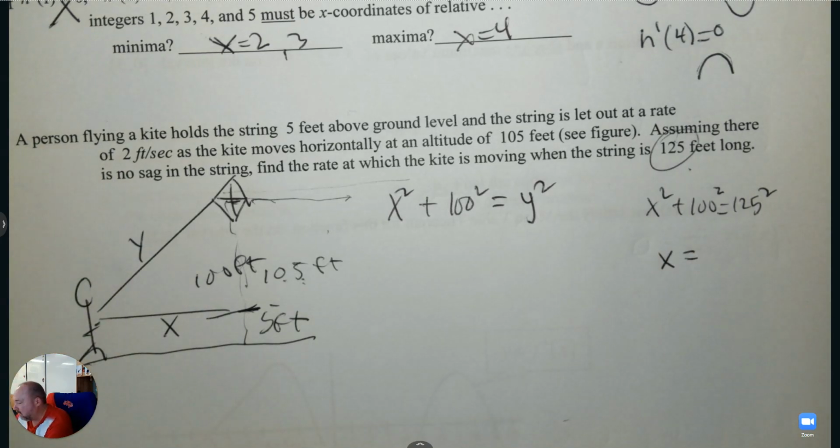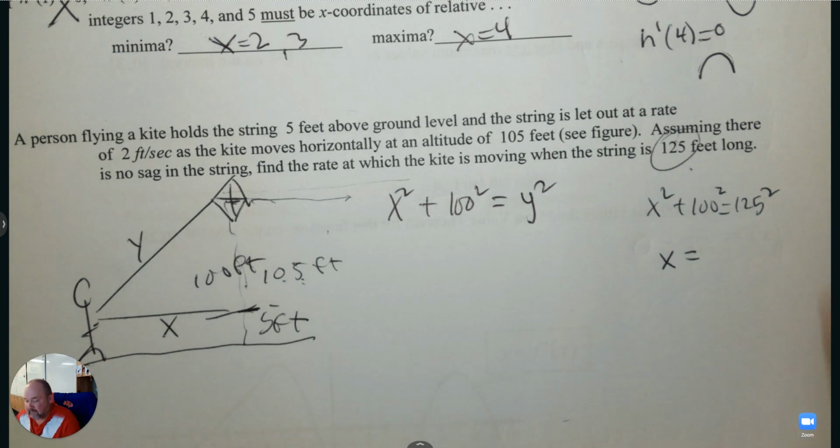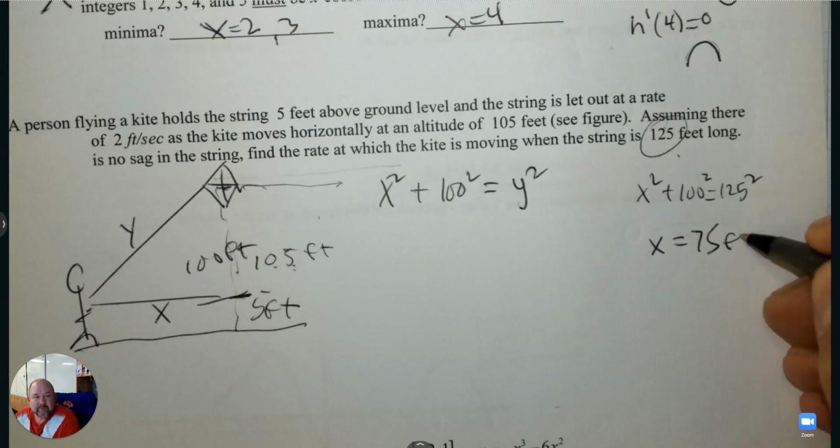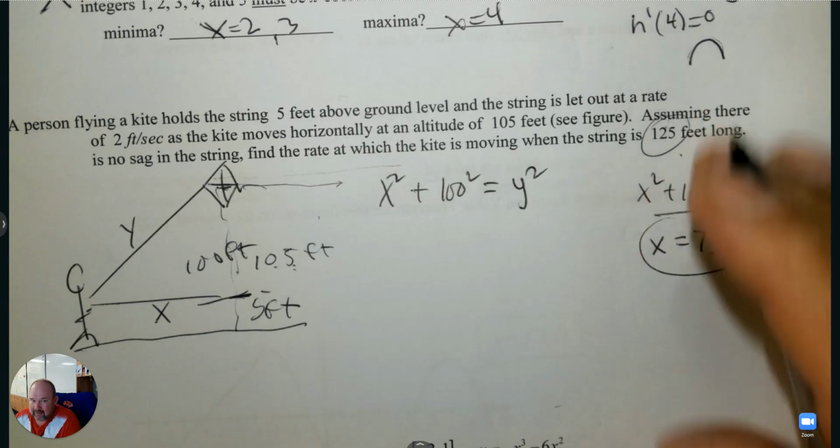I know, I wouldn't give you such large numbers, but it's good practice to go through. So 125 squared minus 100 squared. I think it's an easy number, honestly. Yeah, 75. Okay, so I need that number, but not yet.